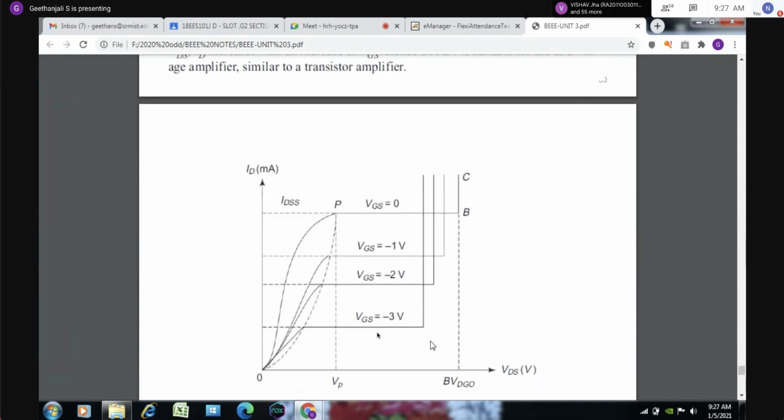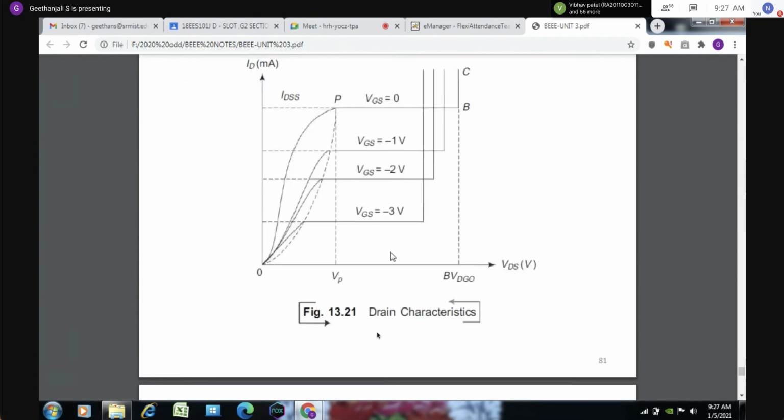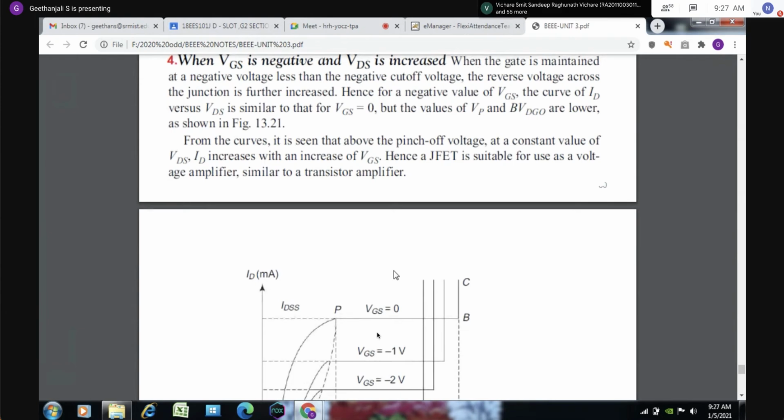So this is the figure. From the curve, what we infer is that above the pinch-off voltage, at a constant value of VDS, ID increases with an increase of VGS. Hence, the JFET is suitable for use as a voltage amplifier, similar to a transistor amplifier.